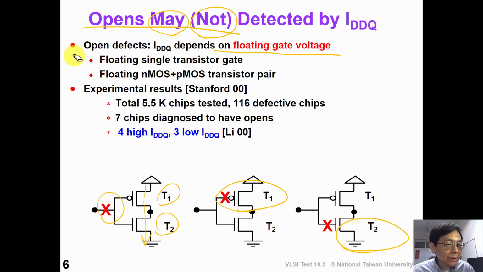According to Stanford's experiment, there were 5,500 chips tested and 116 of them were defective, out of which 7 chips were diagnosed to have opens. Among these 7 chips, 4 of them had high IDDQ, but the other 3 had low IDDQ. So we may or may not detect open defects using IDDQ.